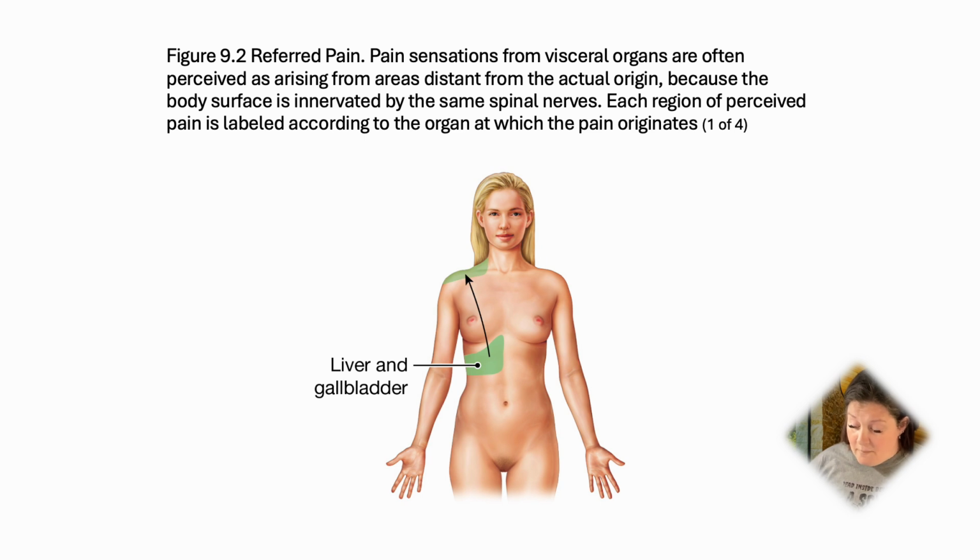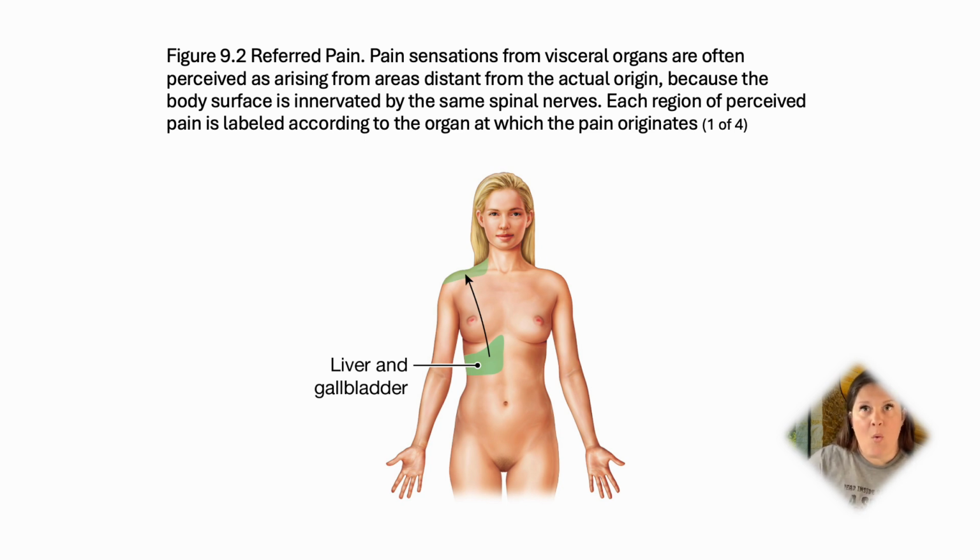They are specifically our free nerve ending receptors. They are found in the superficial areas of the skin, in joints, in joint capsules, as well as the periosteum of the bone.